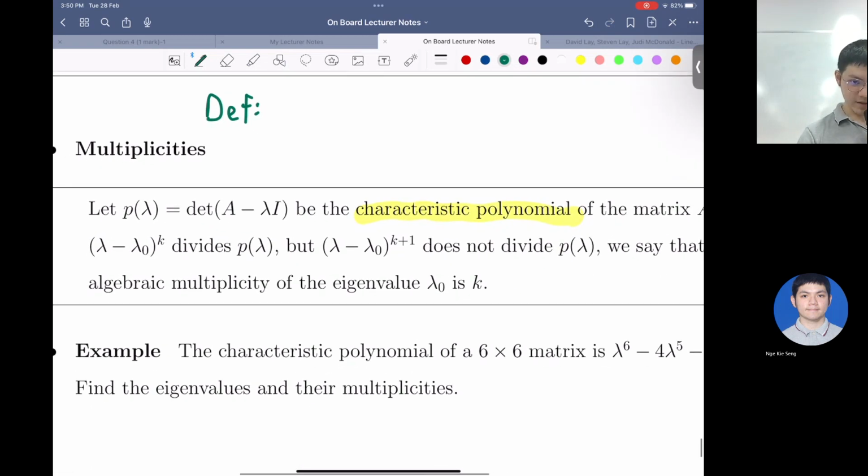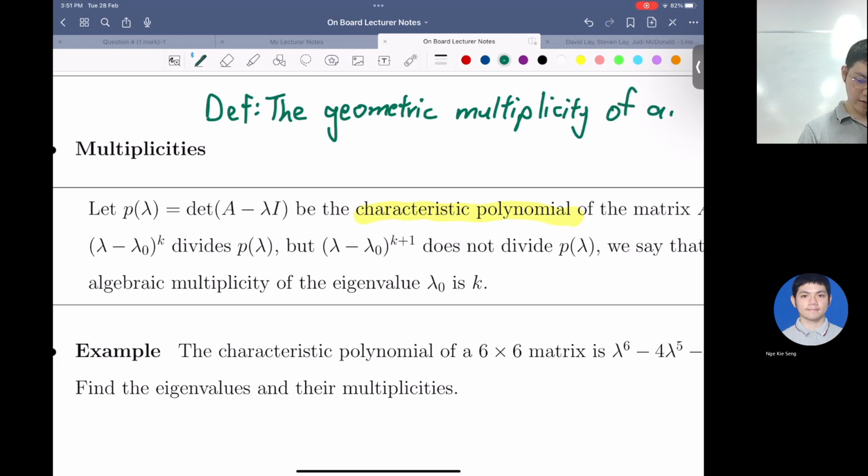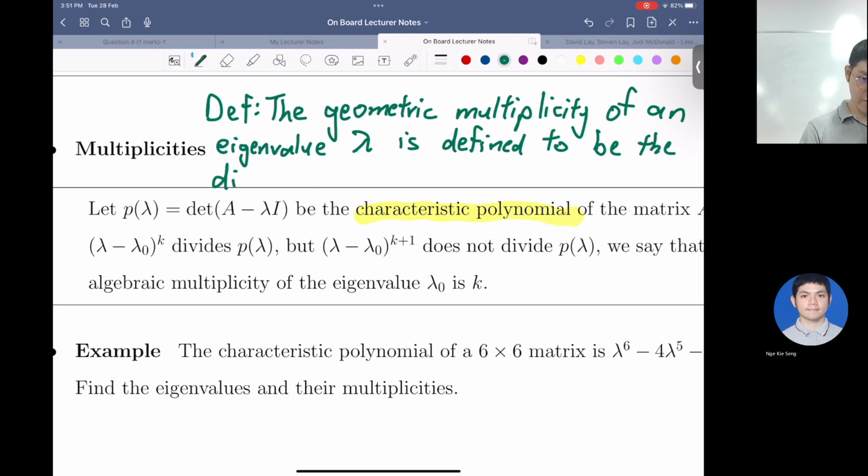Let's now look at this. The geometric multiplicity of an eigenvalue is defined to be the dimension of its eigenspace, or the dimension of the null space of A minus lambda I, which is the same.